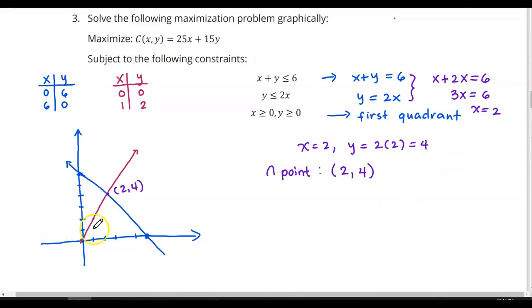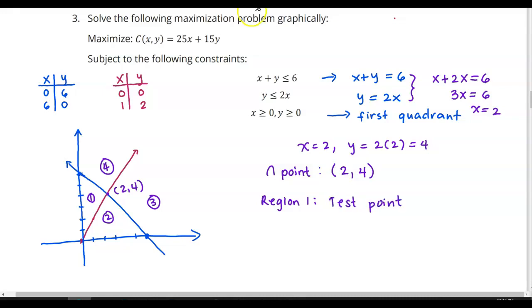Then after that, we're going to label each region here and identify which one is our feasible region. So let's suppose these are regions 1, 2, 3, and 4. Let us examine first if region 1 is the feasible region. We do that by getting a representative point, or test point.